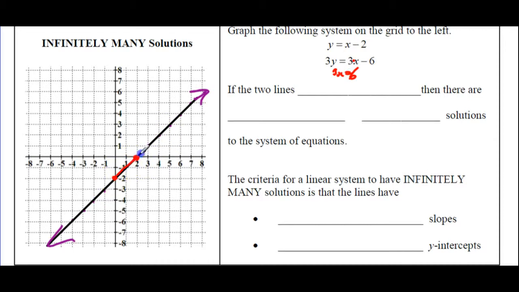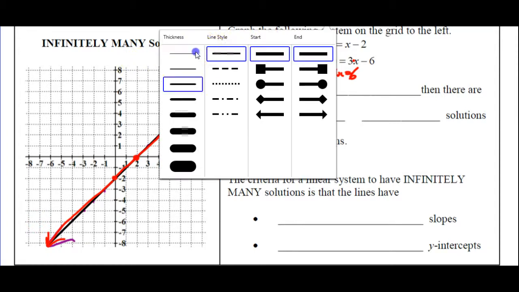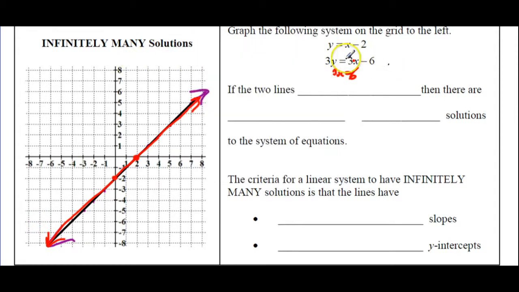And when I draw a line that goes through those 2 points, it's the same line. It's the line I already have. So if the two lines are the same line, we actually have another fancy word for that. It's coincident.